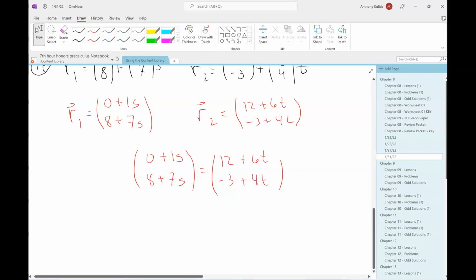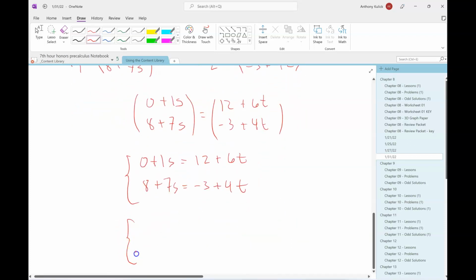Okay with that? For those two vectors to be equal, the x components have to be equal, and the y components have to be equal simultaneously, at the same time. So basically this turns into a system of two equations.